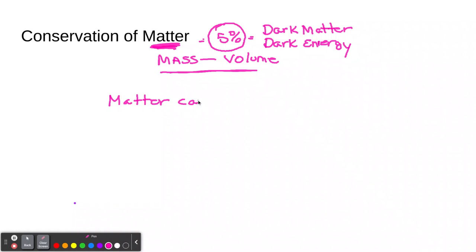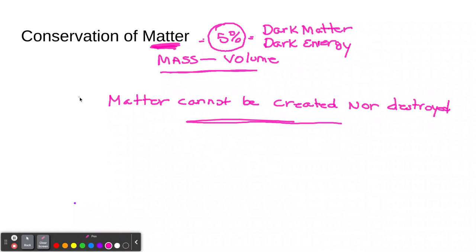Matter cannot be created nor destroyed, right? It just changes form, right? Well, this is not exactly true. But for our purposes here, the conservation of matter and the conservation of mass is saying that it will change form.